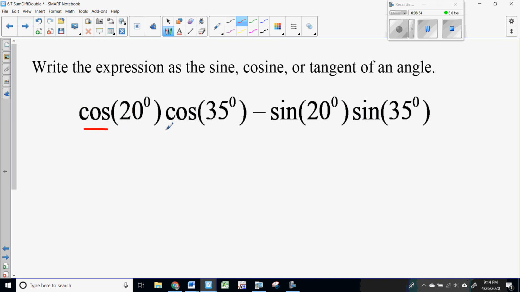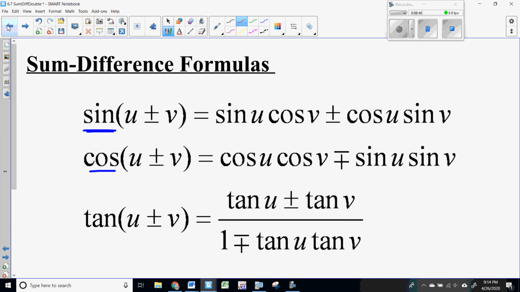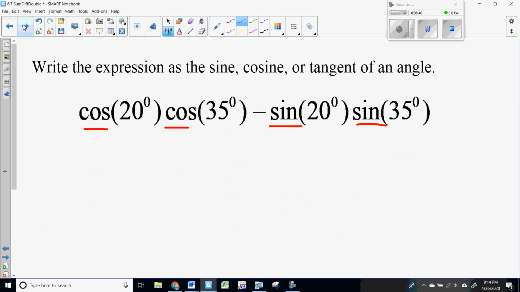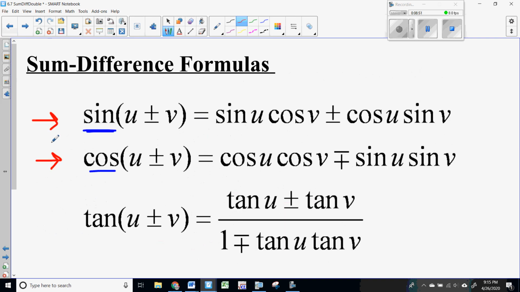Cosine of 20, cosine of 35, sine of 20, sine of 35. The first thing you want to look at is, is this a sine or is this a cosine? Because it is cosine, cosine, sine, sine, that tells us it is a cosine problem, and the sign changes in the middle.